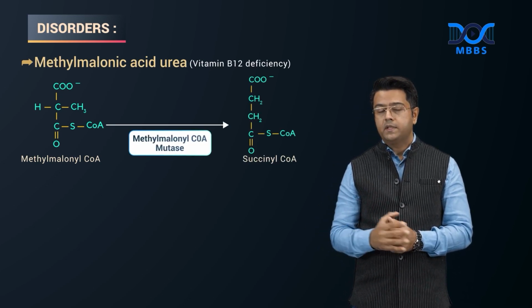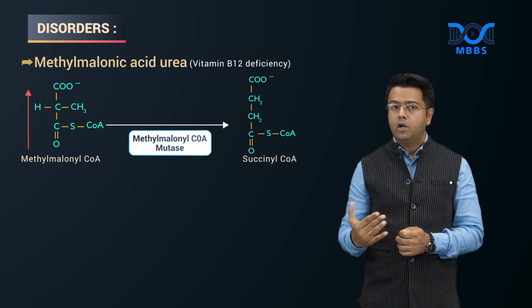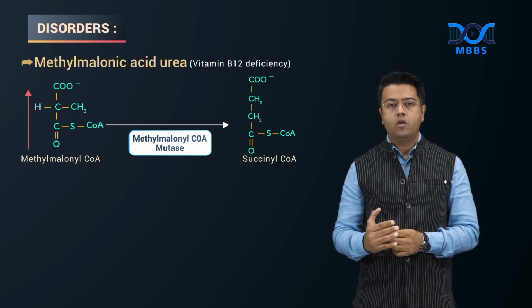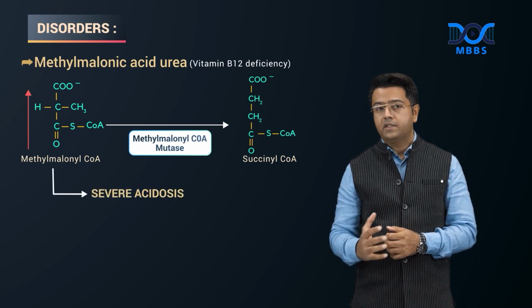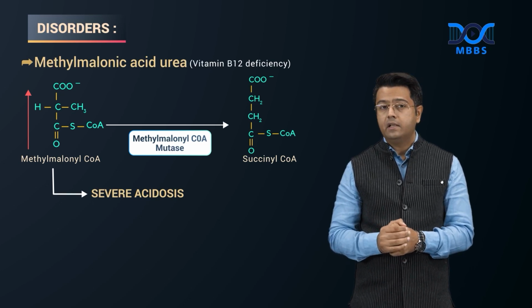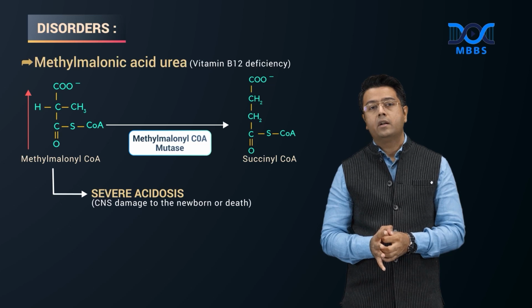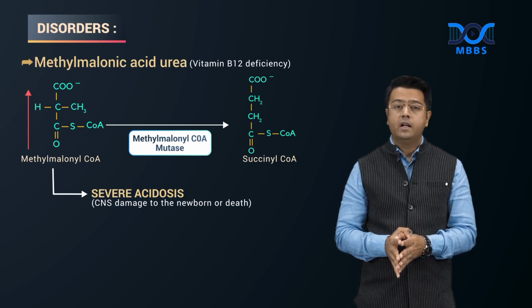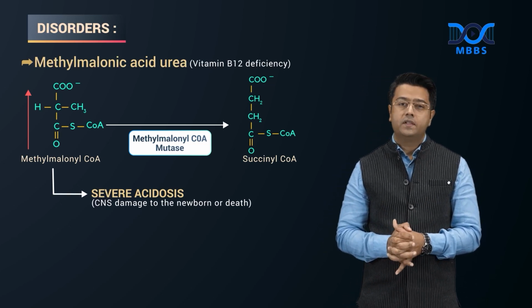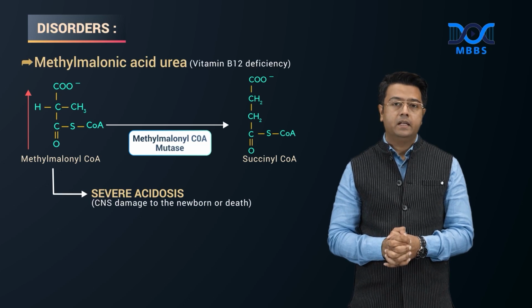Because if this enzyme is missing, then the methylmalonyl CoA will accumulate and this will cause severe acidosis, right, which may result in CNS damage to the newborn kid or even death because of acidosis. So this is one of the important diseases in this case.